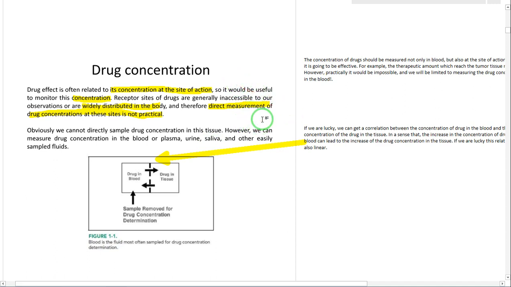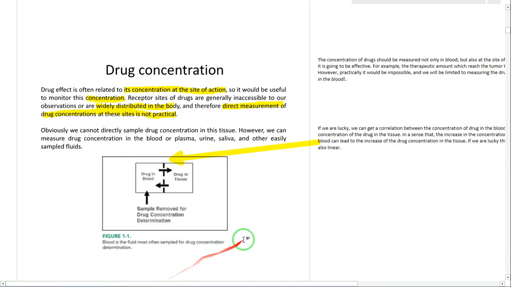For example, just imagine that you are going to treat cancer cells, and you inject a certain dose of drug into the blood, but how much of this drug is going to reach the cancerous tumor? This is something that we want to measure, but practically the direct measurement of the drug concentration at the target site is not going to be that easy. So it is something far from reality.